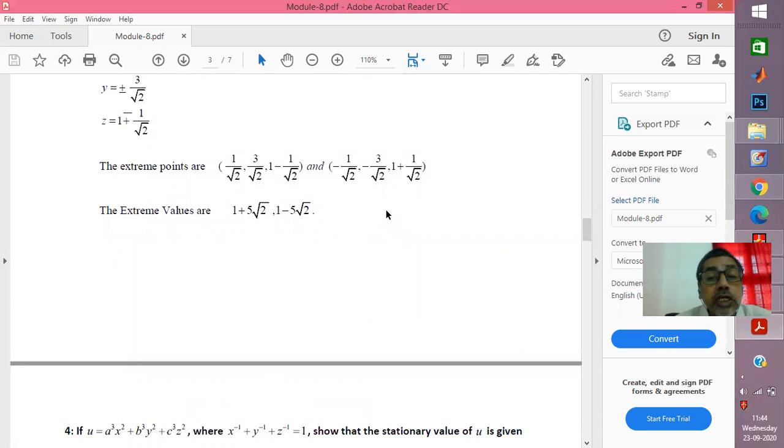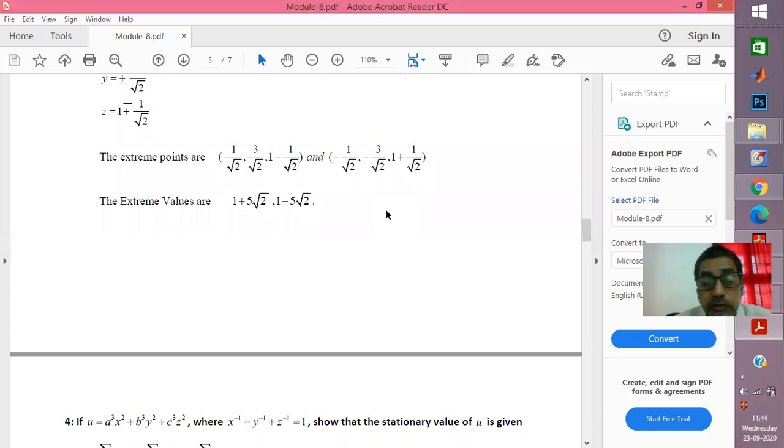So these are the critical points. And then when you substitute this in the objective function, we get 1 plus or minus 5 root 2 as the values. Obviously, 1 plus 5 root 2 will return the maximum for the function, 1 minus 5 root 2 the minimum under the two constraints.